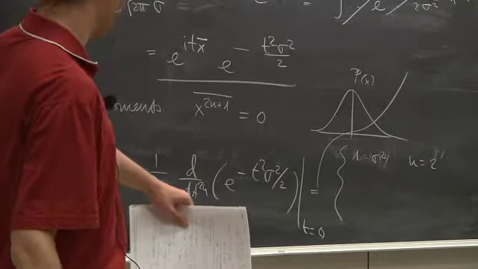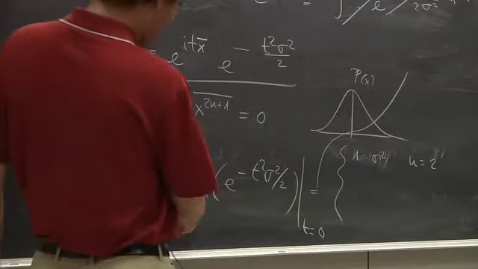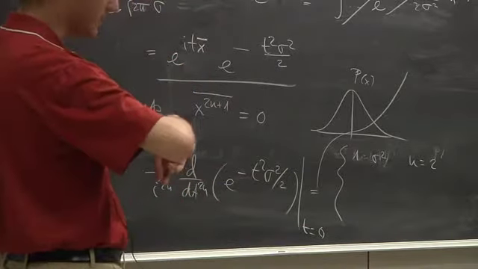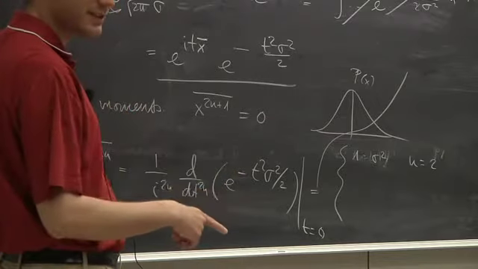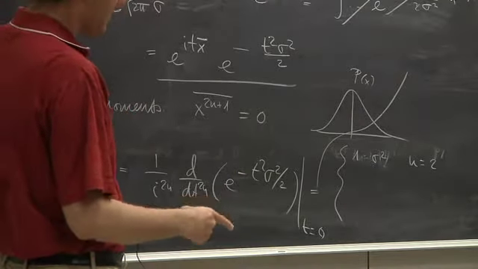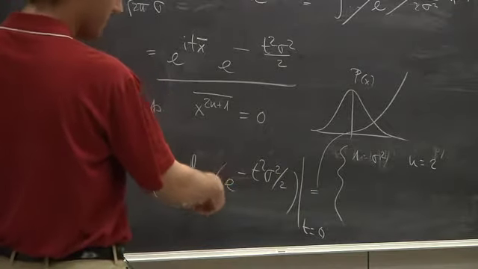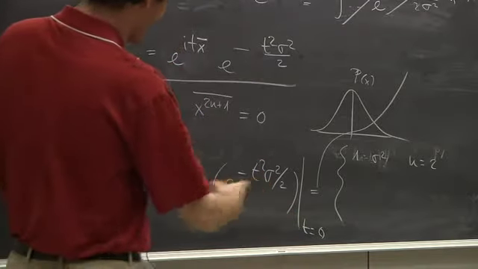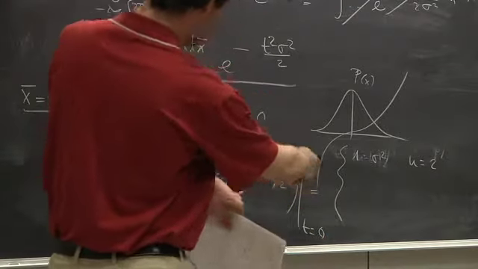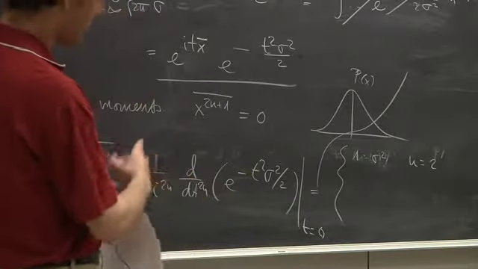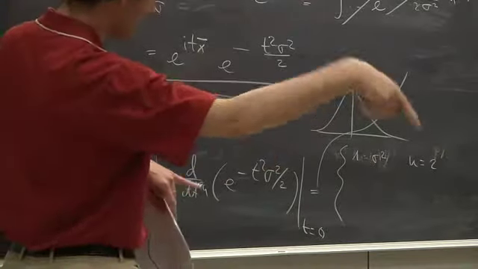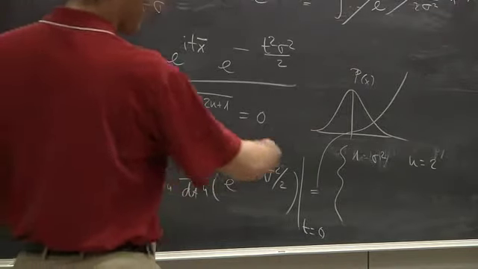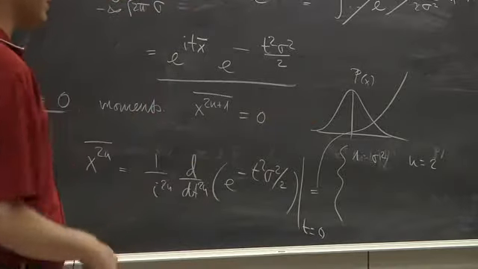Okay. Fourth moment, what happens? Each time that the t derivative acts on the exponent, I get down a factor minus t times sigma squared. But every factor of t that I produce in front, I have to kill again, otherwise it makes me 0 in the end, no? So for each derivative acting here, I need a derivative acting in front. So I have to pair the derivative on the exponent with the derivative in front. I can use 2 of the derivatives to act on the exponent and 2 to act in front.